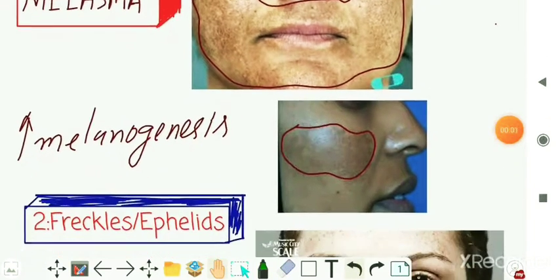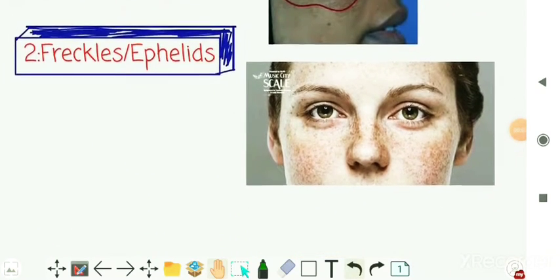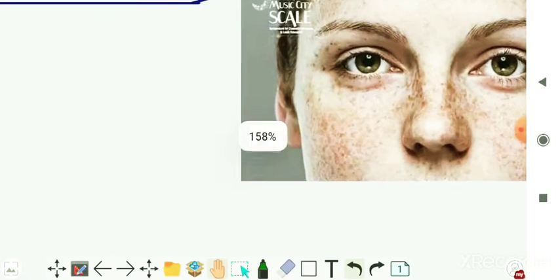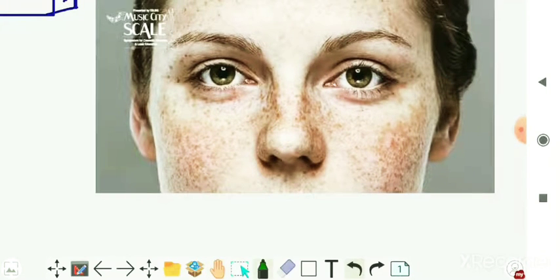Right, now let's continue with another melanogenesis defect which is known as freckles or ephelides. The ephelides are due to increase in localized melanogenesis. The hyperpigmented macules are seen, as you can see here in this slide, all over the face, and these lesions develop over sun exposed sites in those individuals who have fair skin.